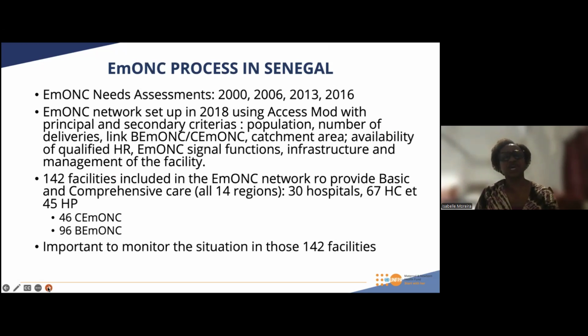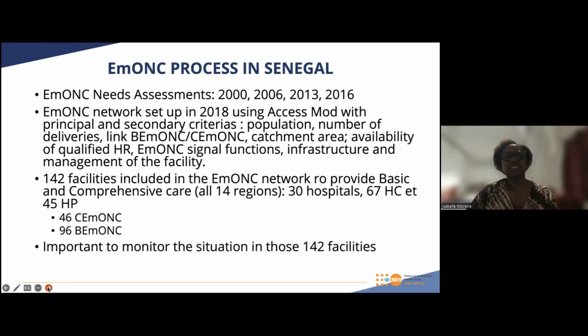This EmONC network has been set up with 142 facilities, some providing basic and others comprehensive care, in all the regions. The most important challenge was how to monitor the situation of those 142 facilities regularly: who is providing the care they are supposed to provide, what the challenges are, and where the indicators stand.